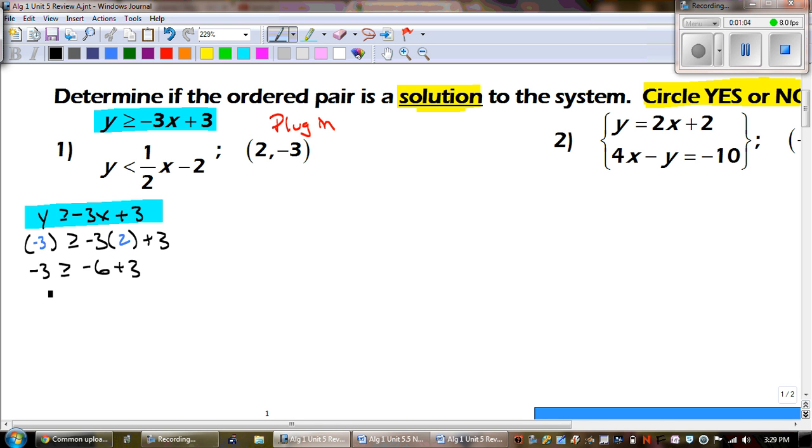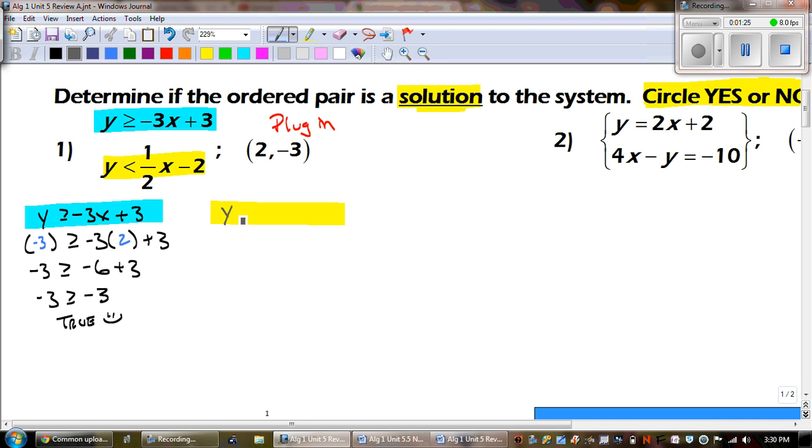And negative 6 plus 3 is negative 3. So is negative 3 greater than or equal to negative 3? And that is true. Okay, so we're not done because we have to check both points.